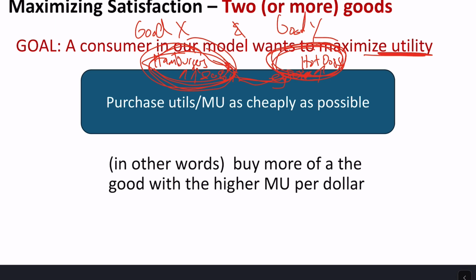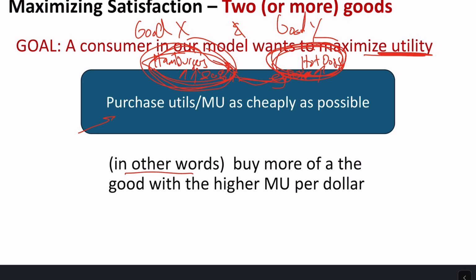So we can think about this problem of a consumer choosing between two goods to maximize their utility. The way to solve this, we could think of it as they want to purchase their utils, or marginal utility, as cheaply as possible. If you purchase utils as cheaply as possible, you're going to get the most utils you can for a given amount of income you have, right?